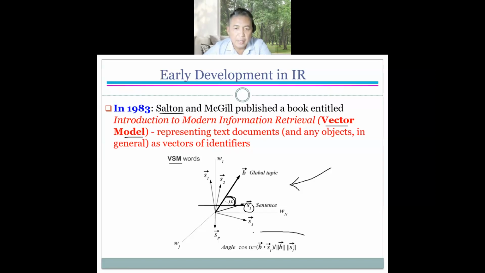They use the cosine function to measure the distance between two documents, or between the query and the document, so they can compute the ranking. You will be learning more about this in lectures 3 through 5.